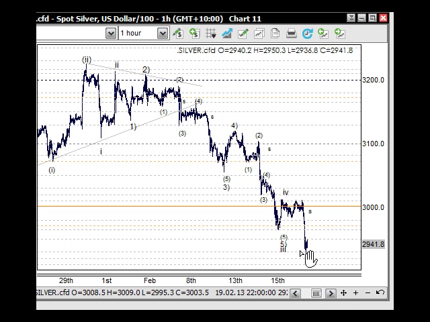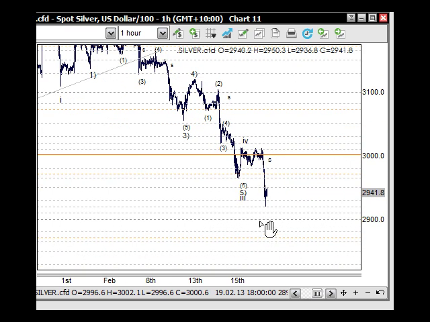I need to recheck that because this seems to be one particular structure here, but the main point is that this should move down a bit closer to the 29 here, and then there'll be a bounce back up, and then another move to the downside as well.